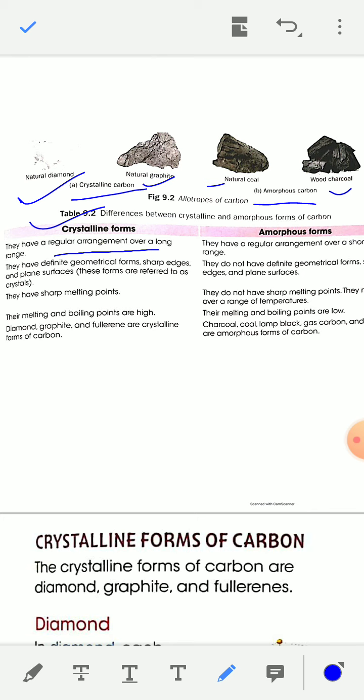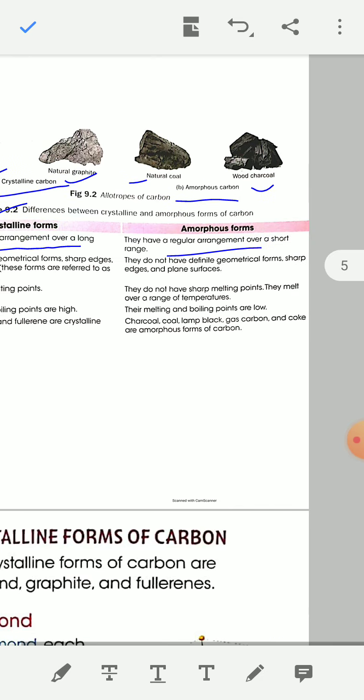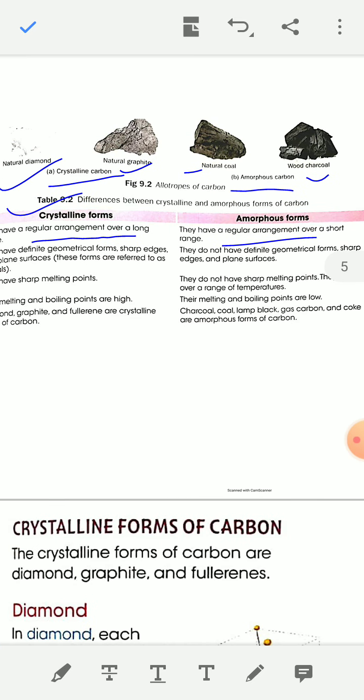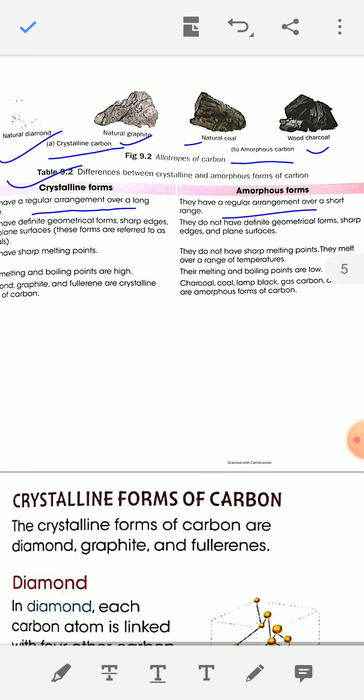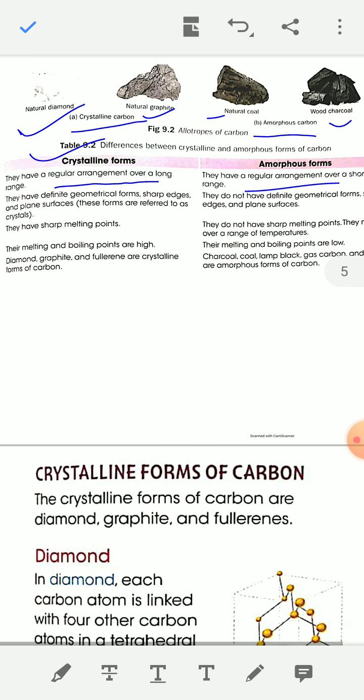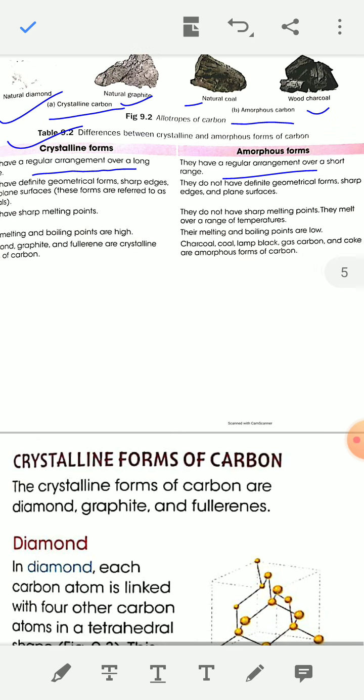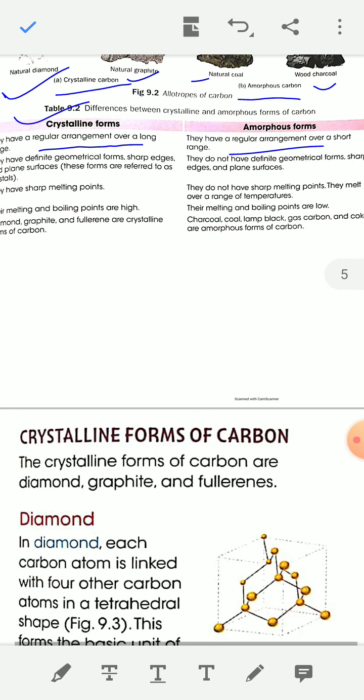In amorphous form, they have a regular arrangement only over a short range.